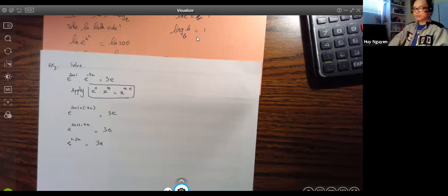But if you cannot see things, then you can take log on this step. So I think I'm gonna do both ways so that you can see.